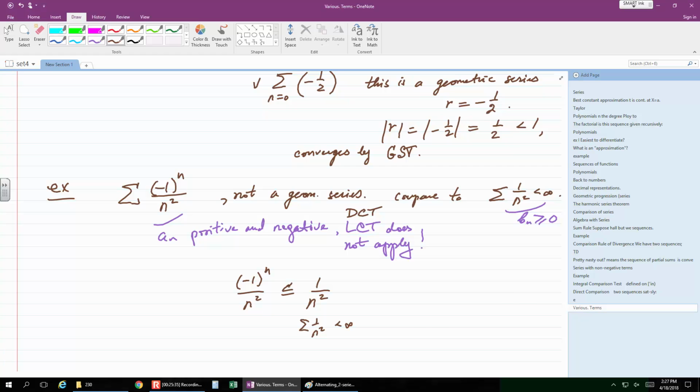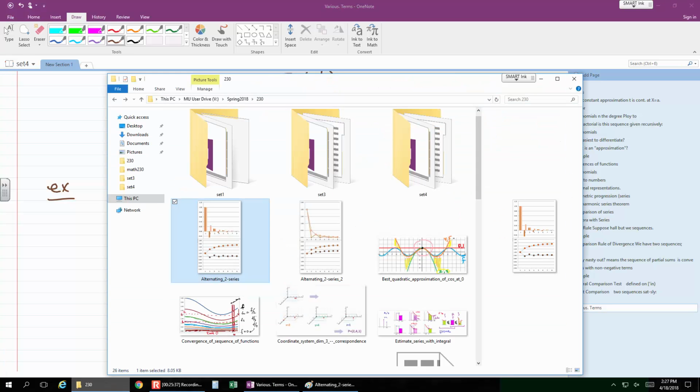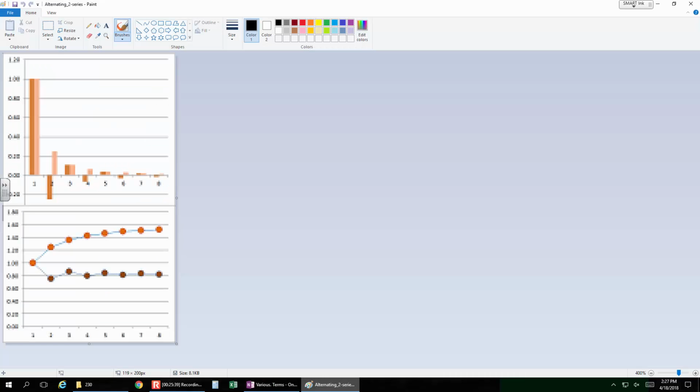So let me show you a picture of exactly that. As you can see, we have two series visible here. Look at the first picture. I have those two series right there side by side.